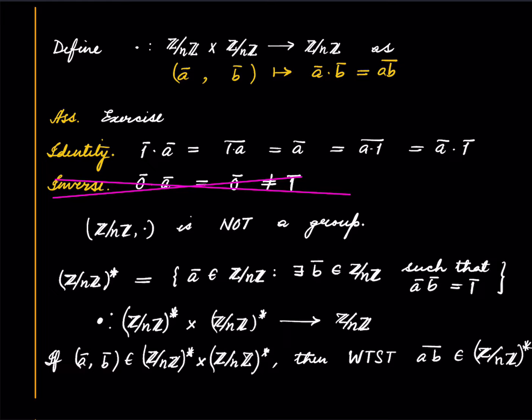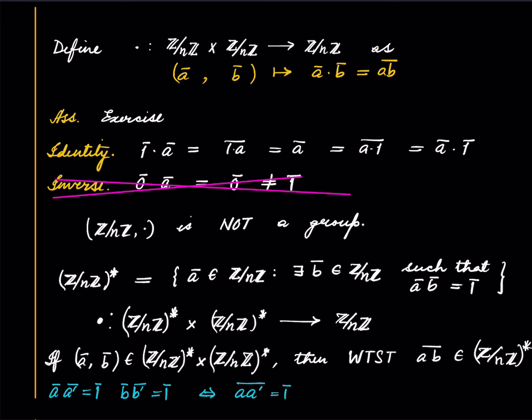Right, so how do we do this? Well, I could leave this as an exercise, but here's the thing. Since A bar is in Z mod NZ star, there is some A prime such that A bar A prime bar is equal to 1 bar, and there is some B prime such that B bar B prime bar equals 1 bar.